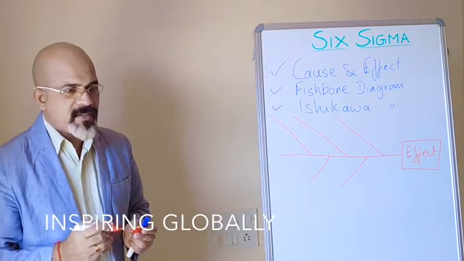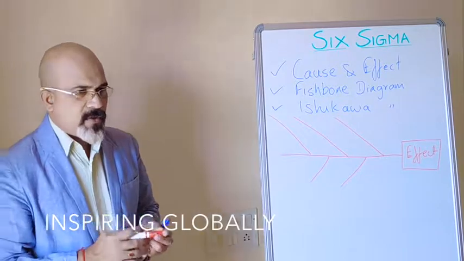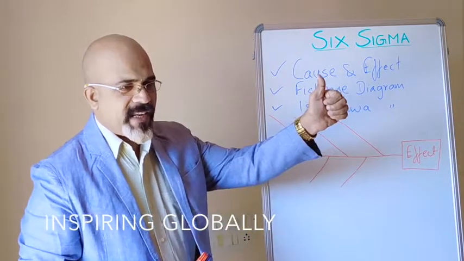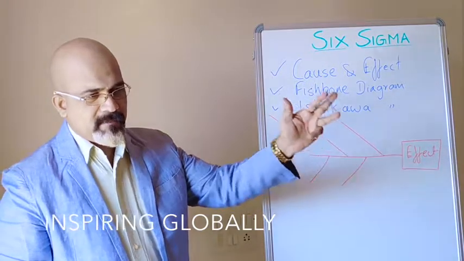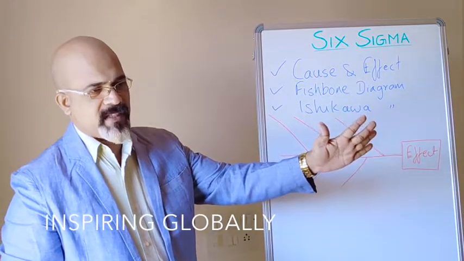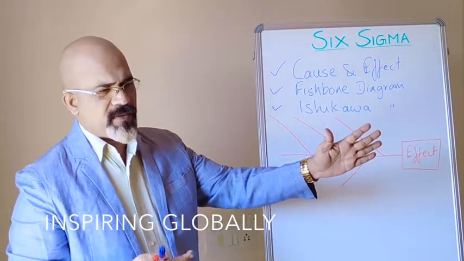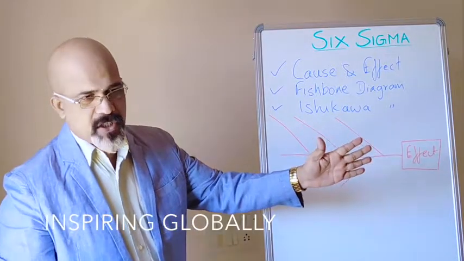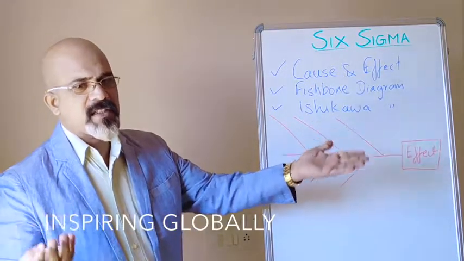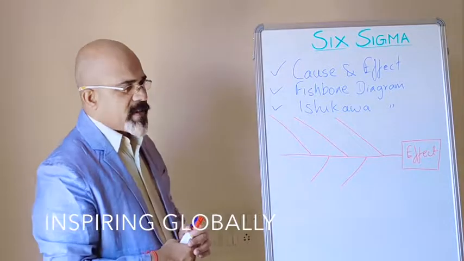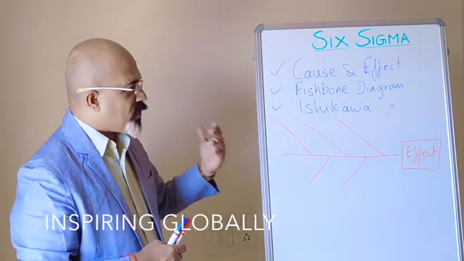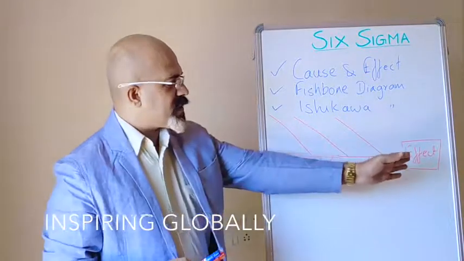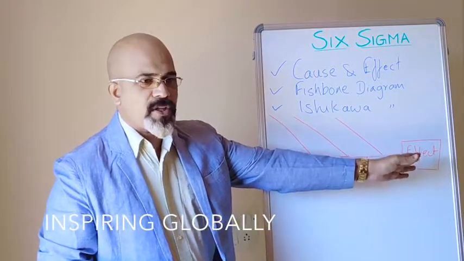So what are 5M or 6M? 5M is man, machine, material, method, measurement. If you are using 6M, it's Mother Nature, which is environment, correct? So you can use these as main bones to find out how this effect or problem or issue happened.